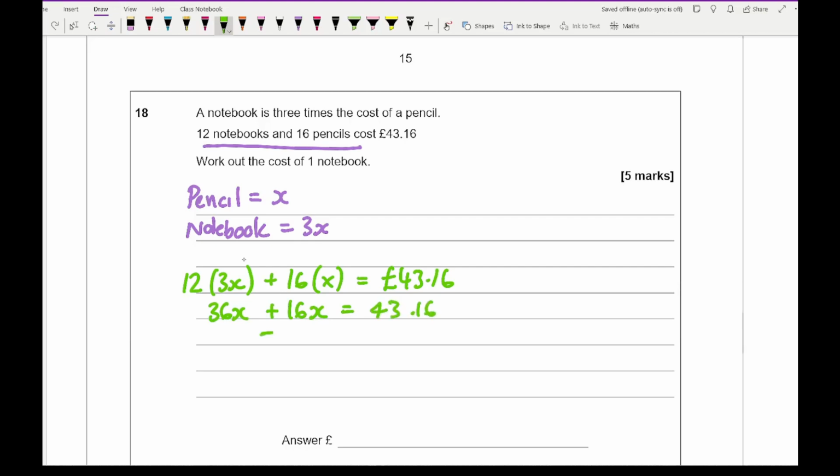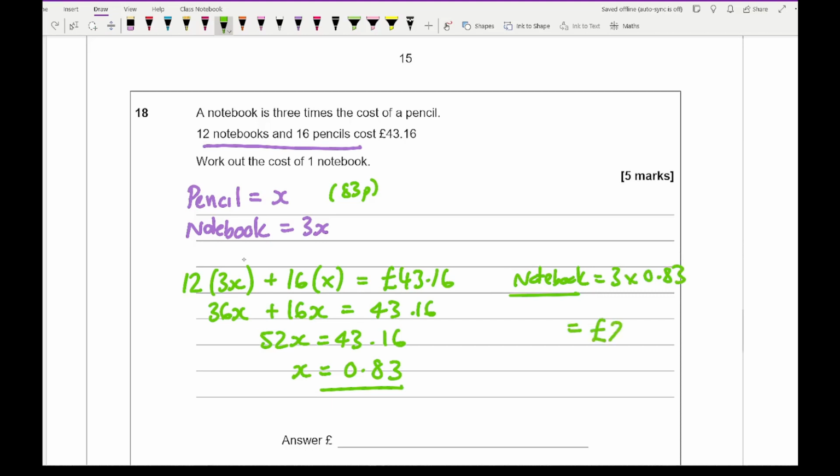That gives me 52x equals £43.16. So 1x equals 0.83, so one pencil costs 83 pence. Then to work out the notebook price, that's going to be 3 times 0.83, which comes to an answer of £2.49.